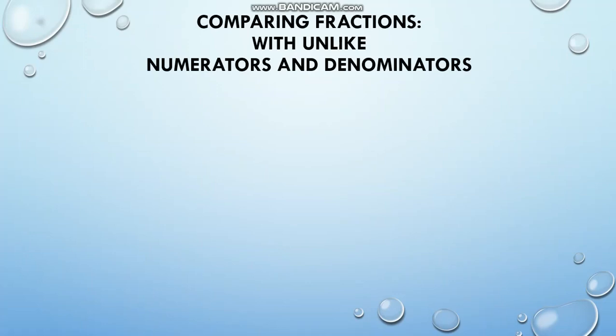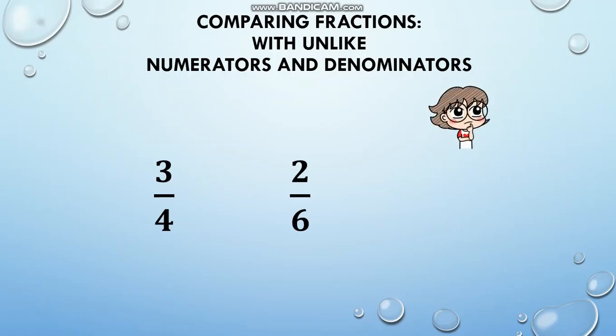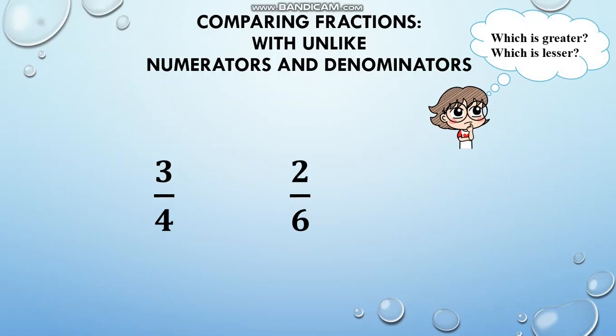Now let's compare fractions with unlike numerators and denominators, which means that the numerators and denominators are different. Look at the fractions 3/4 and 2/6. Which one is greater and which one is lesser? Well, for us to know which fraction is greater and which one is lesser, we have to make the two denominators the same.